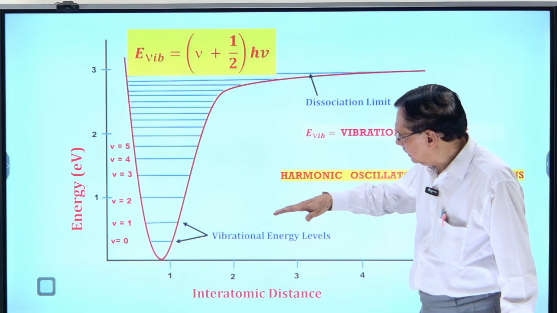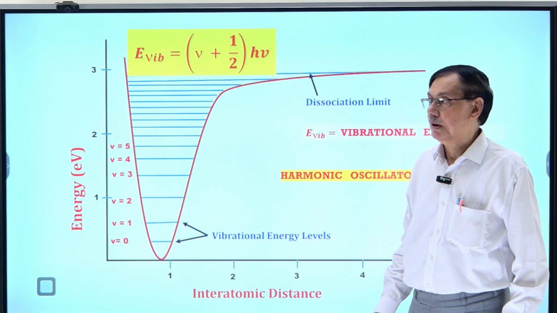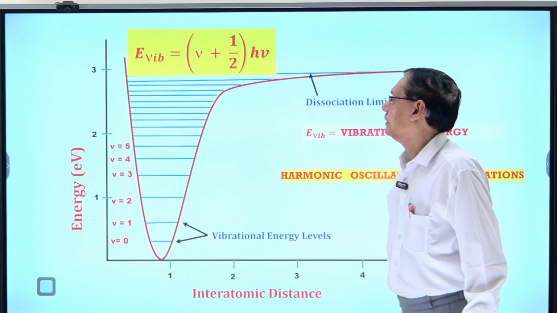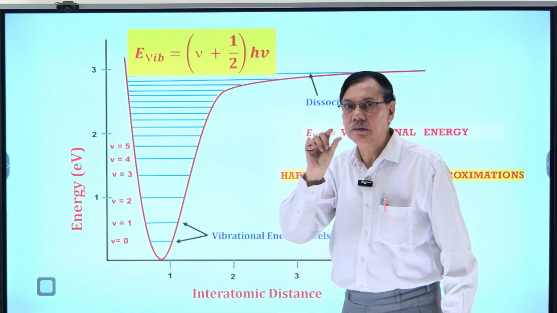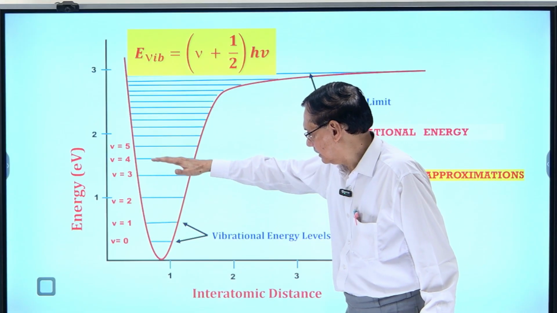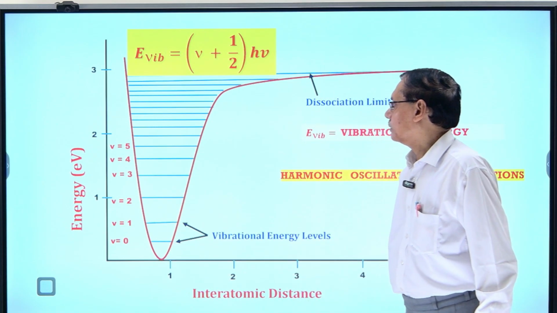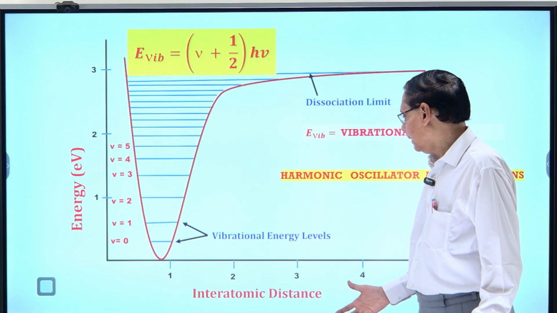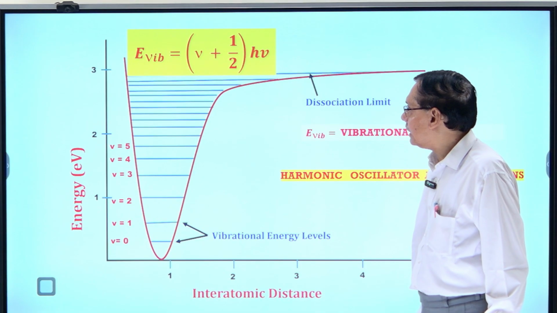You know that the vibrational energy levels are not equally spaced, but when we increase the vibrational quantum number, you see that there is a change in spacing. But basically we will consider this like that. So that is important.